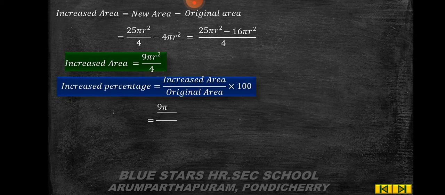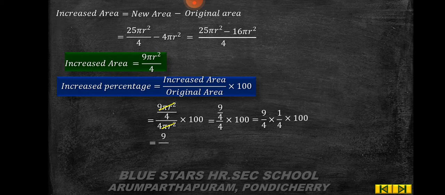Therefore, increased percentage is equal to increased area by original area into 100, which is equal to 9 pi R square by 4 divided by the original area 4 pi R square into 100. So pi R square gets cancelled. You get 9 by 4 divided by 4 into 100, which is equal to 9 by 4 into 1 by 4 into 100.